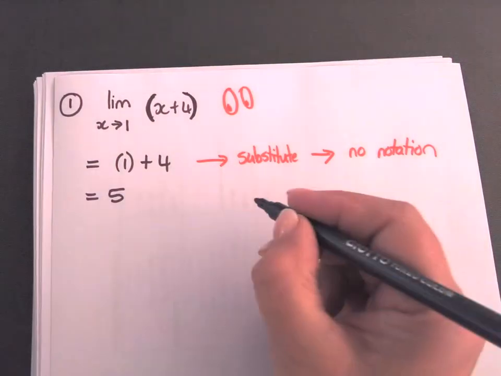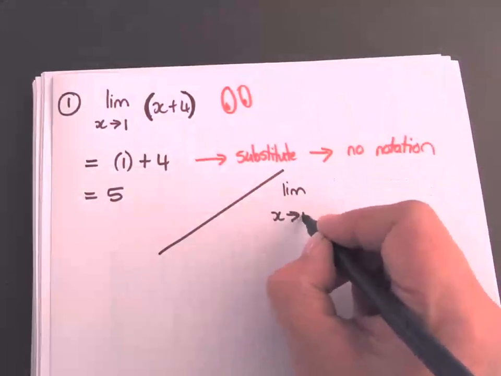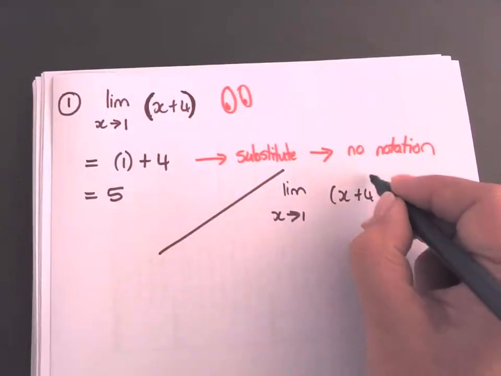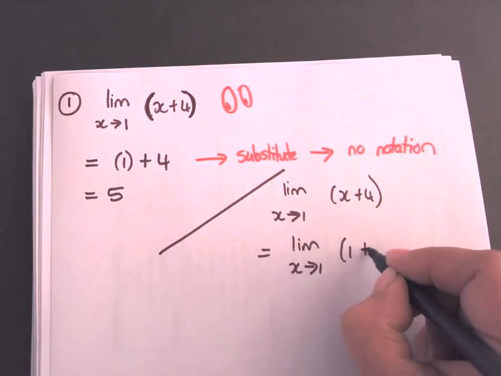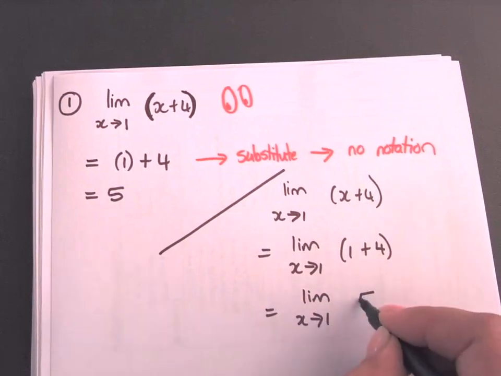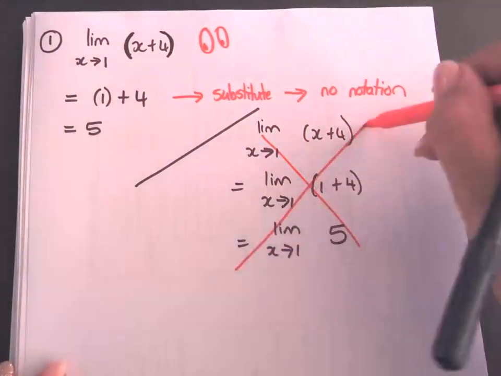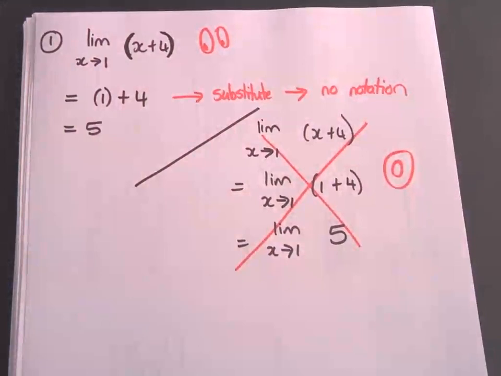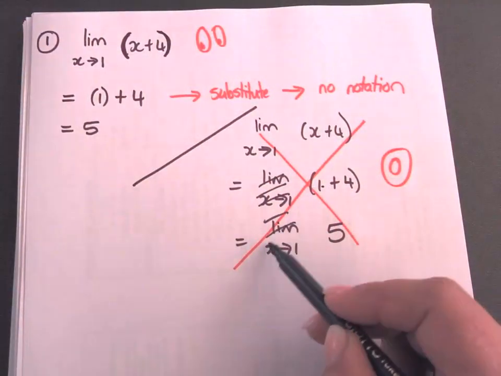If you do the following in a test, you'll get no marks. This is wrong. 0 marks. Okay. As soon as you substitute the value, you lose the notation.